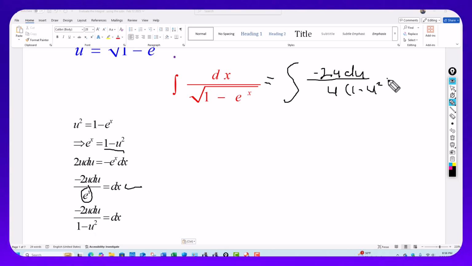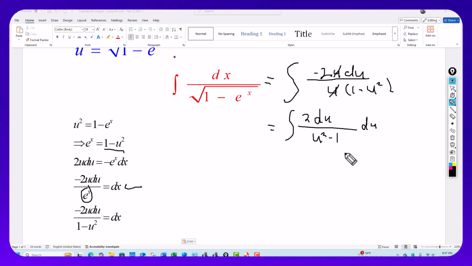I get this. And then this is a u, and this is a u. Those divide out. And I got a negative right here. I'm going to bring it to the denominator, and this will become, instead of 1 minus u squared, u squared minus 1. So the integral becomes 2 du over u squared minus 1.